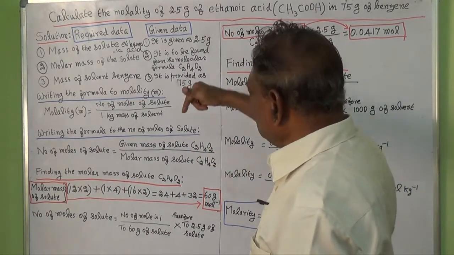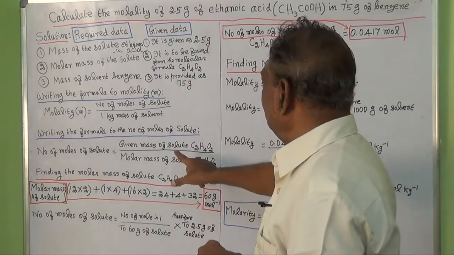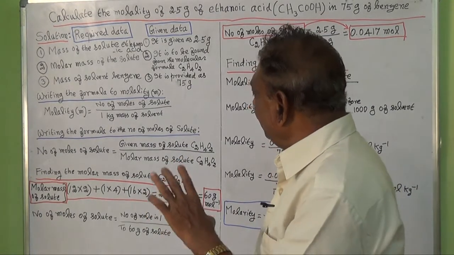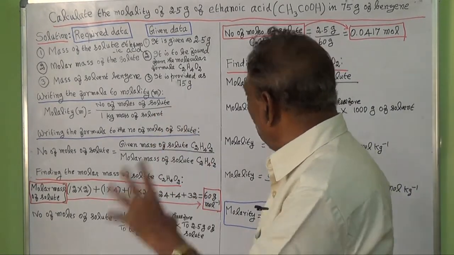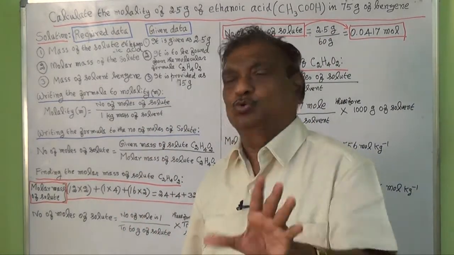So we can substitute that 2.5 gram in the given mass of the solute. So our duty is to find the molar mass of the solute ethanoic acid, that is C2H4O2.